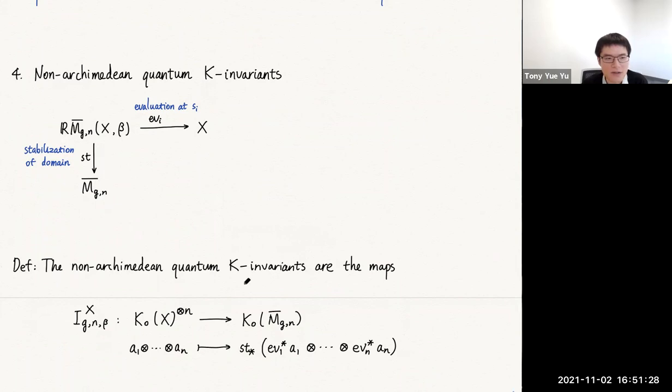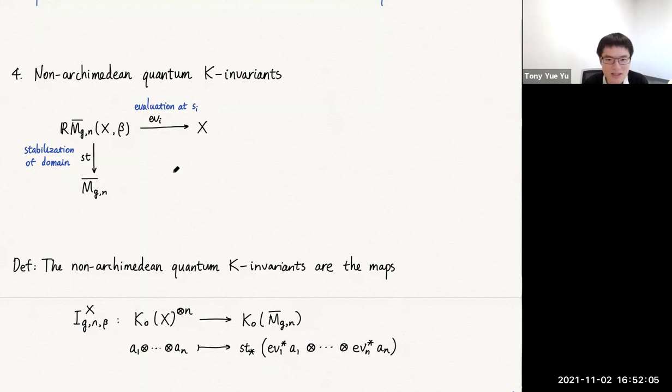Then the quantum K-invariants are immediately defined as follows: for any classes in the K0 of X, we just pull them back by the evaluation maps, and we push down by the stabilization map. And this gives these quantum invariants that we hoped for.